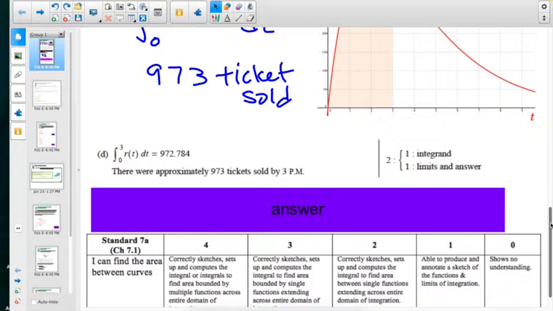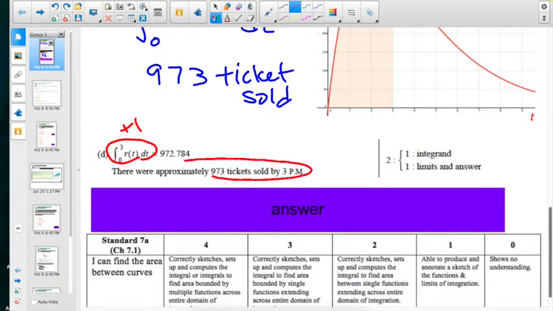You get 1 point for setting up the integrand, so that's 1 point right here. And then you get 1 point for articulating the answer here. Okay? And it looks like they put the limits in with the answer points. Sometimes they do funny stuff like that. Okay?